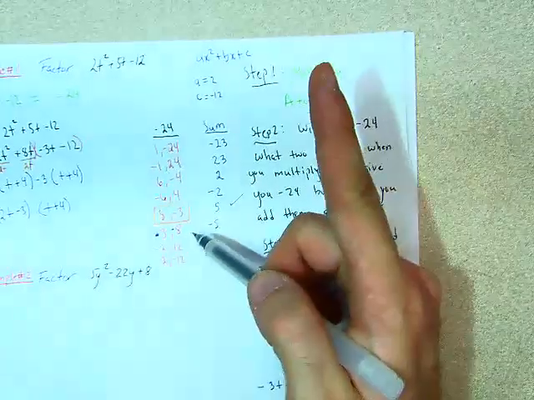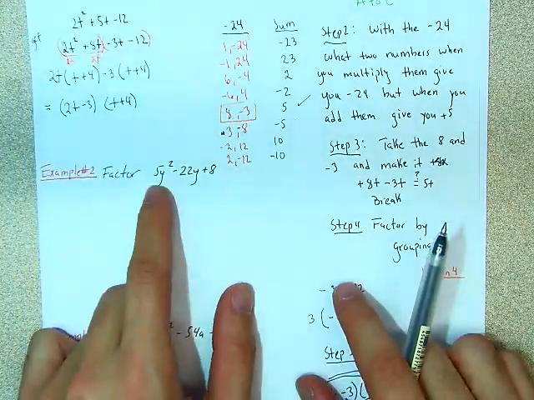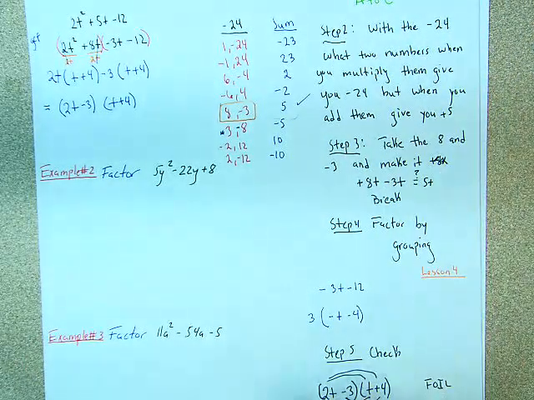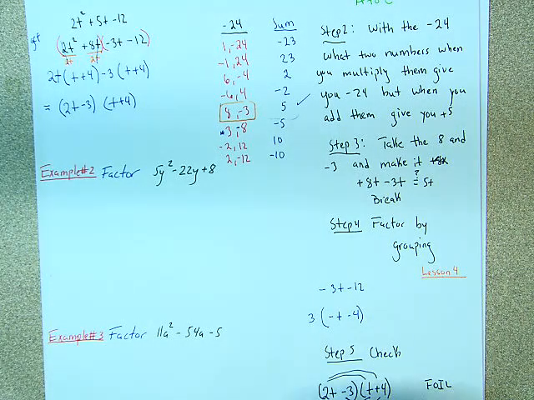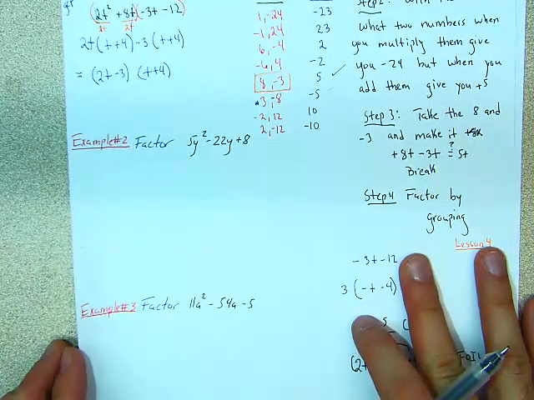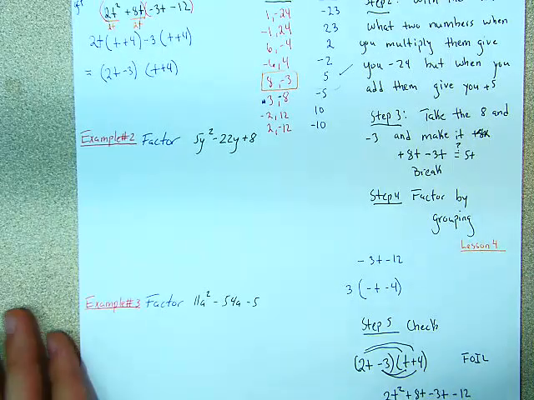Remember, step 1, what are you going to do? You multiply a to c. Then step 2, follow the same routine. So I'll pause the video right now and try and do it by yourself. And I'll actually do this problem with you as well. Okay? So pause the video, try and do these two. And if you get stuck and you want to see the solution, let's work on it together.